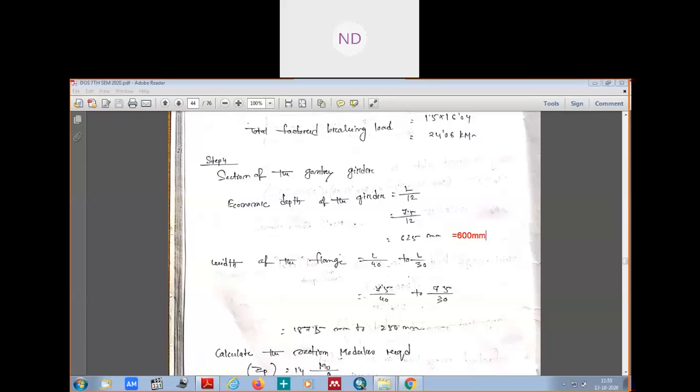So that is the range we got for our bending moment.